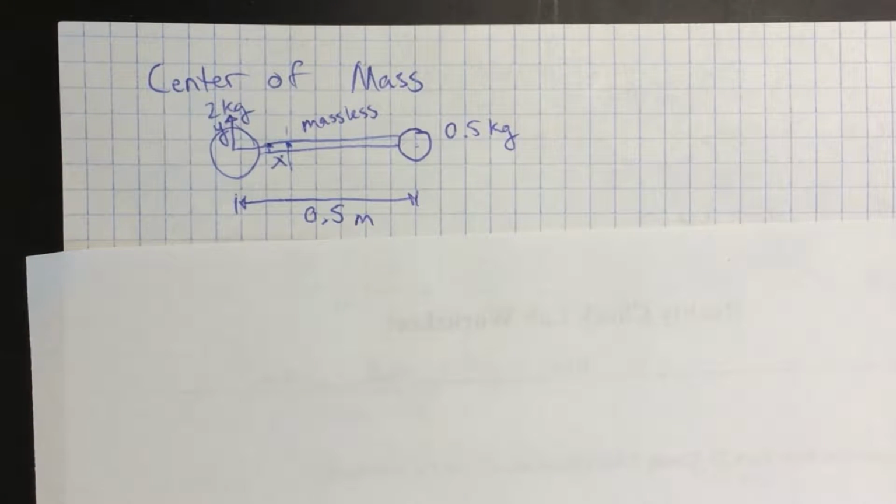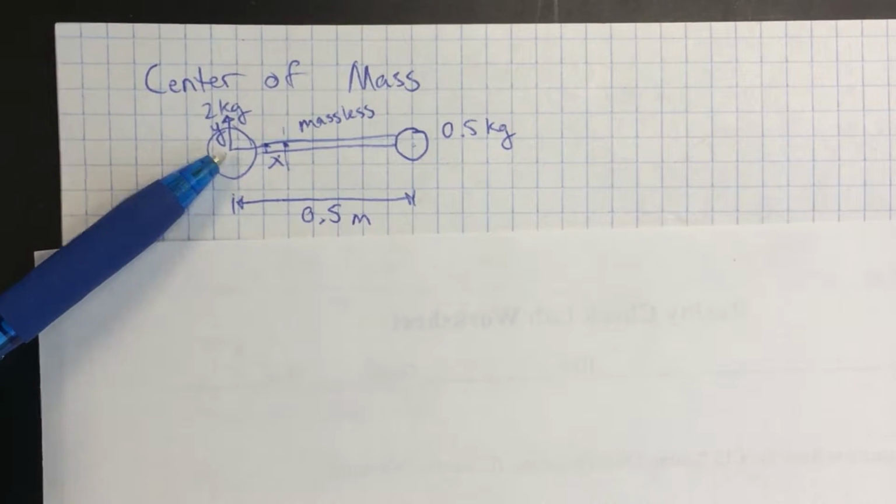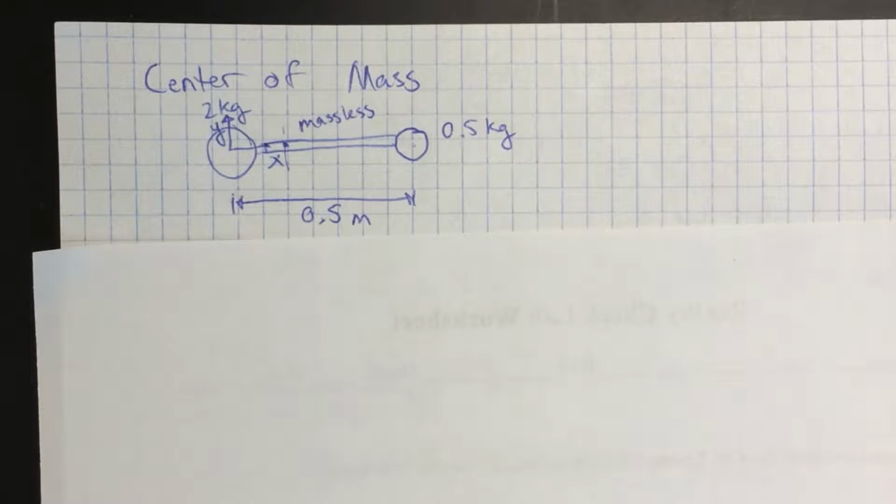Kind of like with torque, you want to choose an origin that is convenient. What makes it convenient is if you know all the distances relative to that origin. So you don't want to pick an origin at some weird spot where you have to recalculate where the distances of all the objects are relative to that origin. If this is 1/2 meter long, I'm just going to pick that as my origin so that I know the other one's 1/2 meter away.